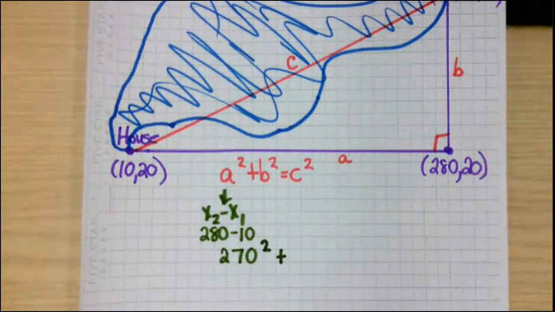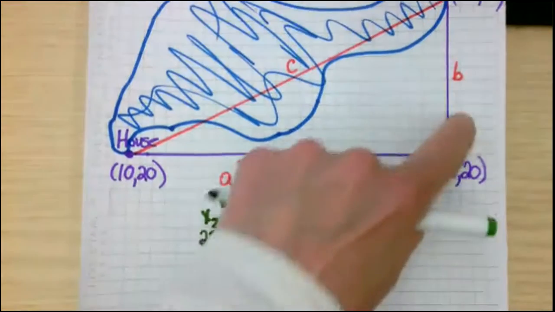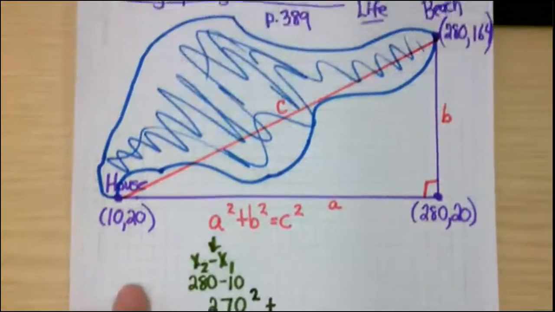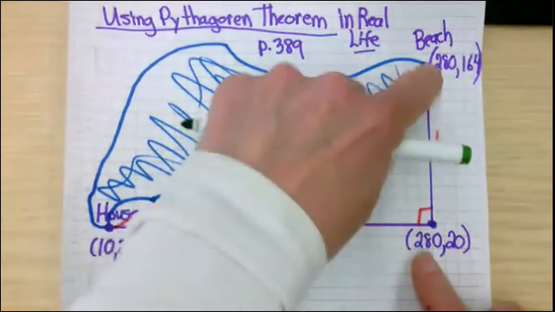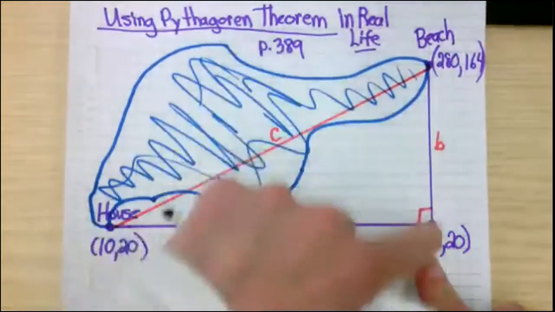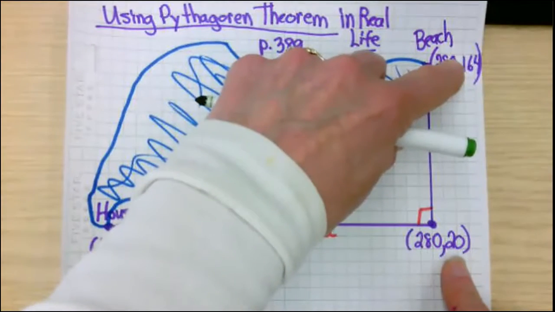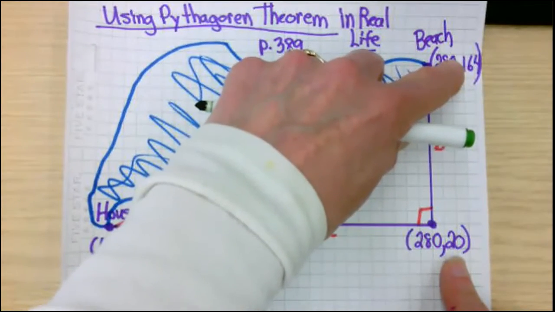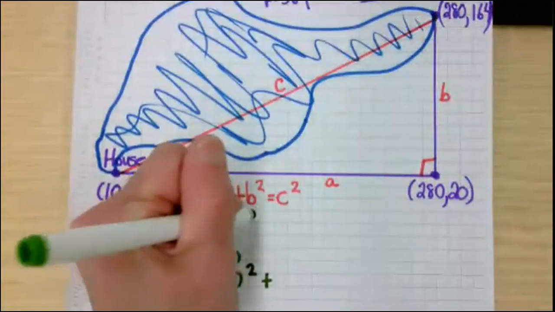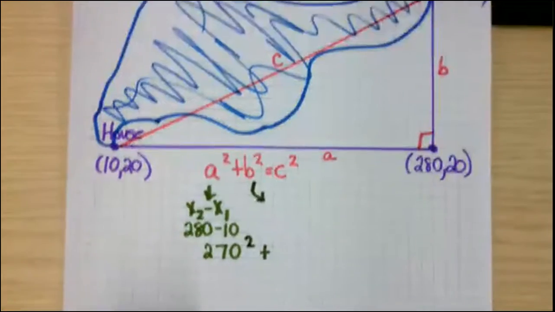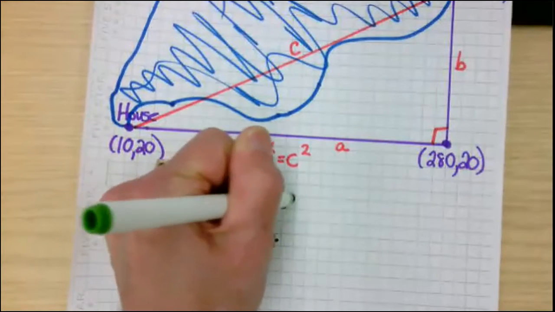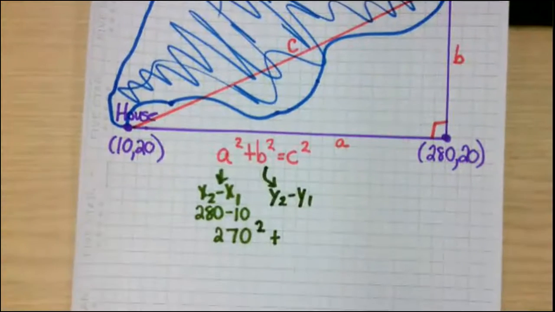Plus, now we have to figure out our B distance, that's our vertical distance. If we look, the 280s are the same because the x point is staying the same as we're going vertically. Now we have this difference, 164 and 20. So that's going to be our y2 minus our y1.